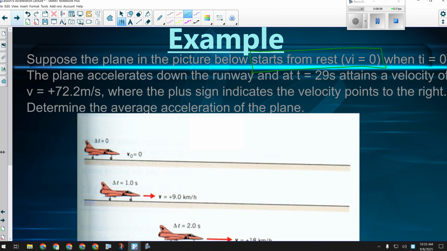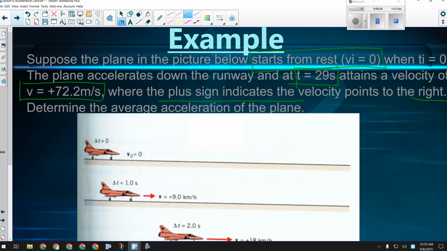All right. It accelerates for 29 seconds and attains a velocity of positive 72.2, where the plus sign indicates right.